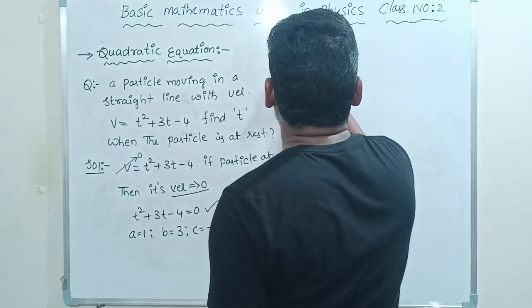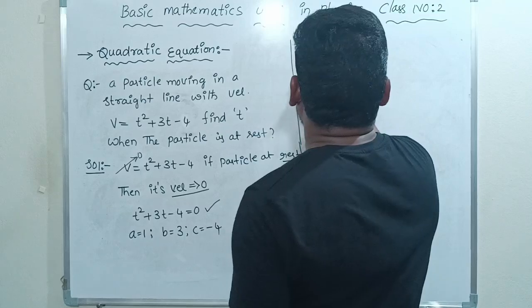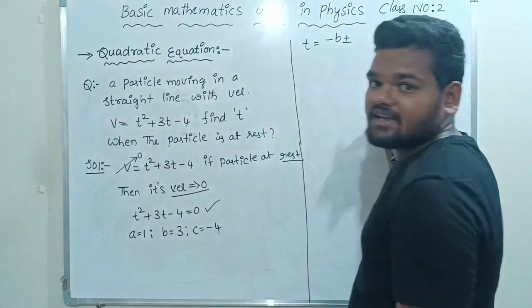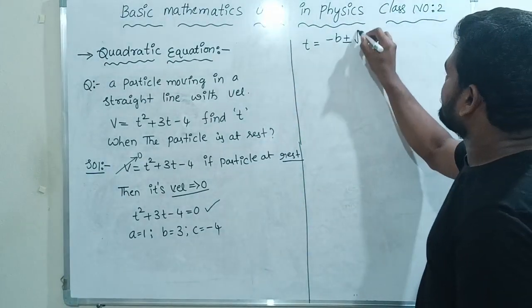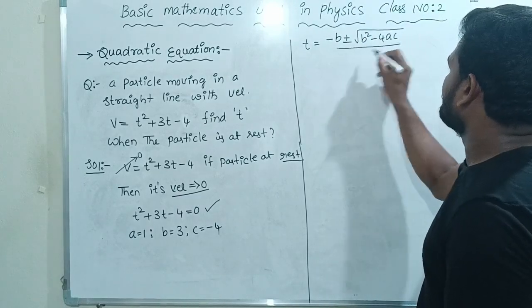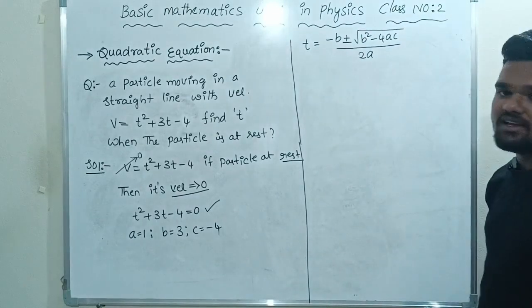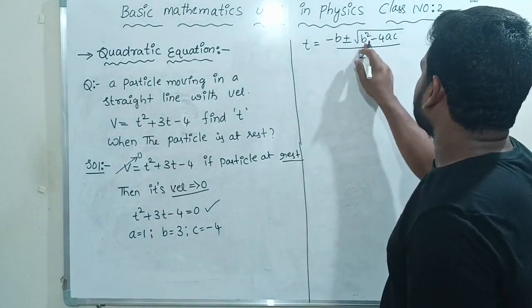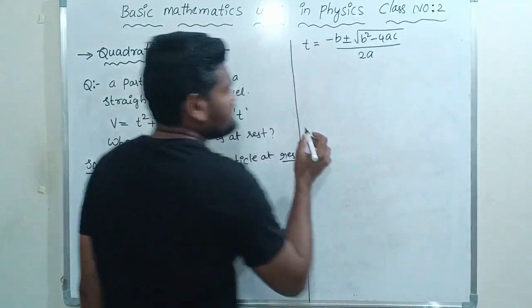Okay, so what are the roots? t is equal to minus b plus or minus under root of b square minus 4ac by 2a. These are the roots. First we find the b square minus 4ac value.